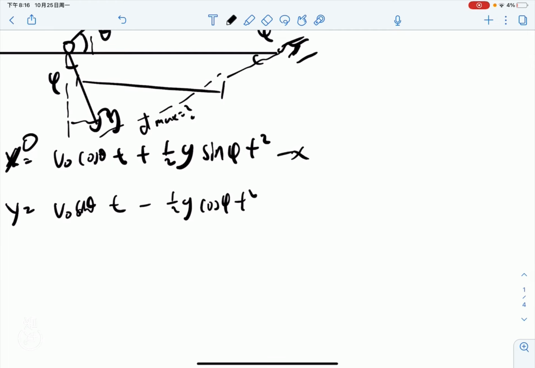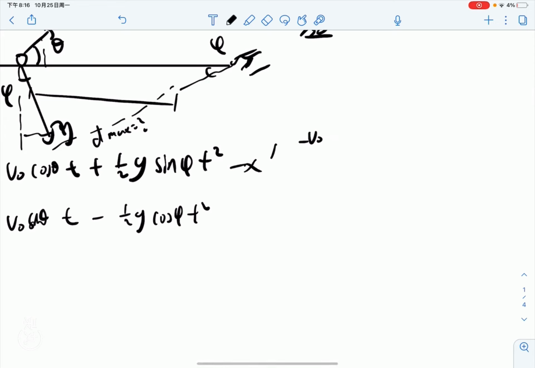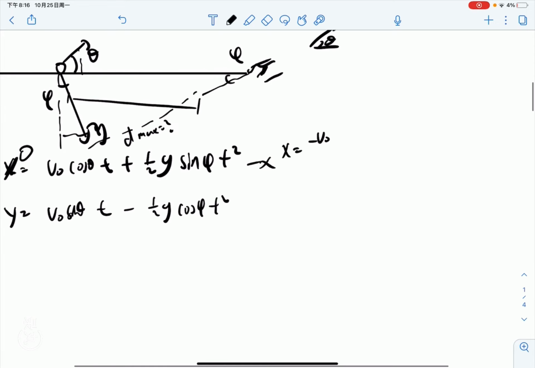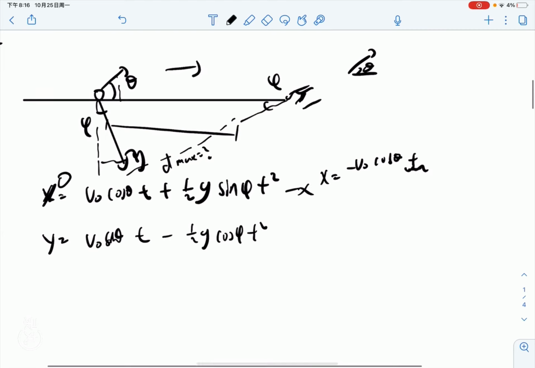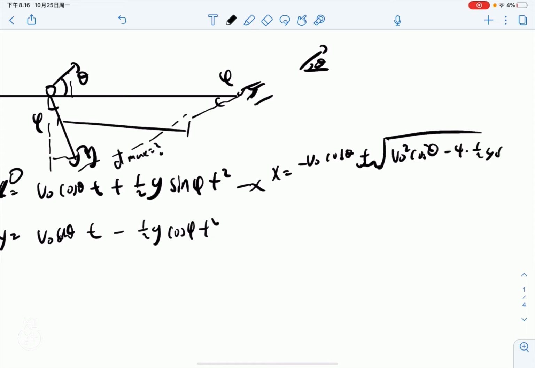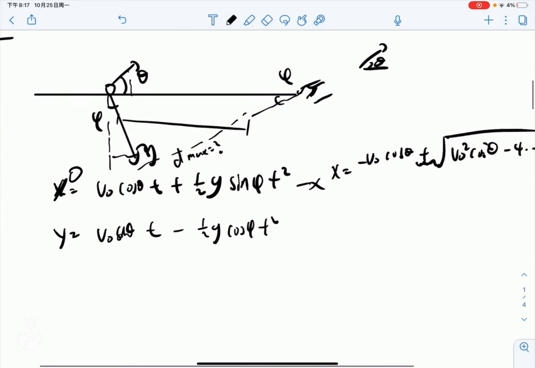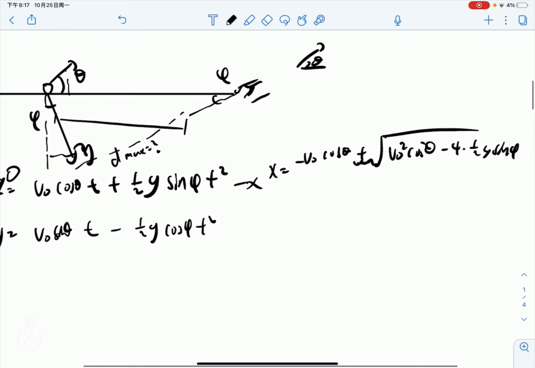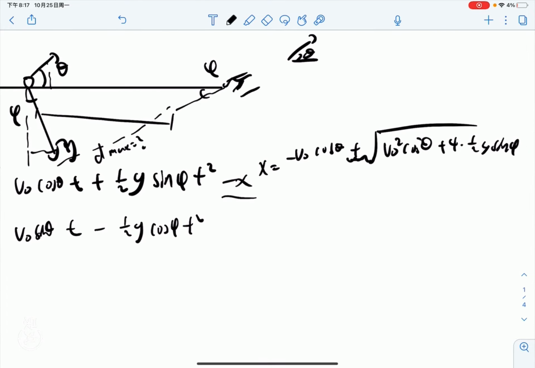So basically using the quadratic equation, you can find x is basically v0 cosine theta plus minus, and we don't want minus because we know that x is positive, the square root of v0 squared cosine squared minus 4 g sine phi times plus x squared.